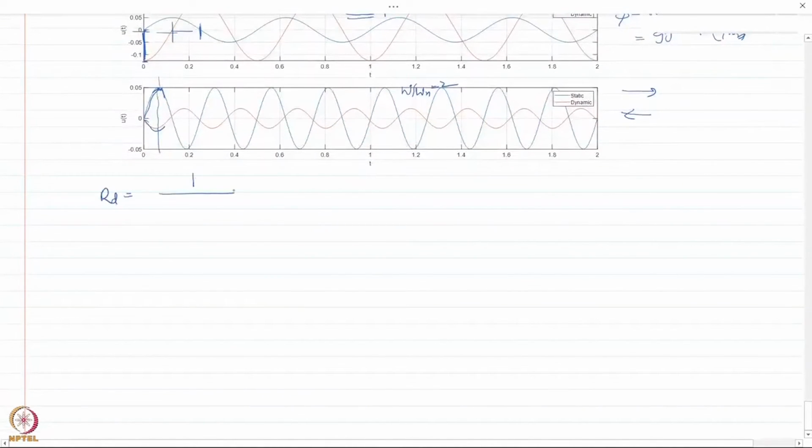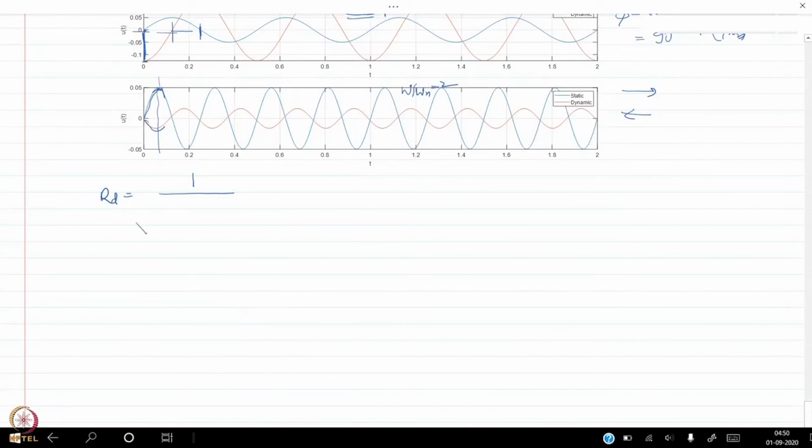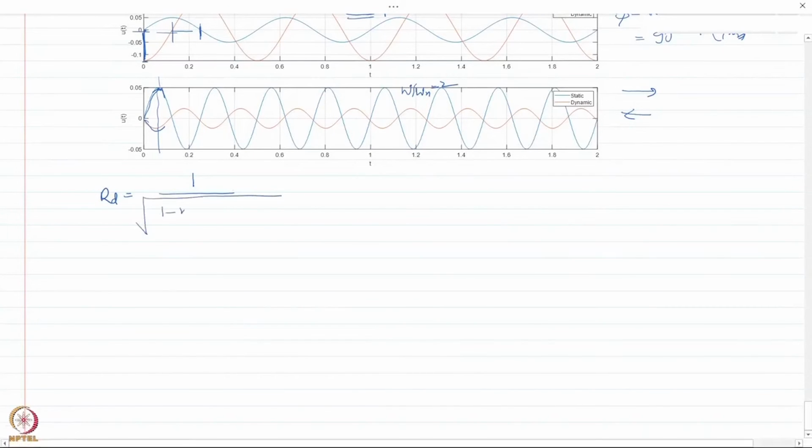Remember, for RD we obtained RD equal to 1 over the square root of (1 minus (omega by omega n) square) whole square plus (2 zeta omega by omega n) square. And then phi was tan inverse, this expression here.